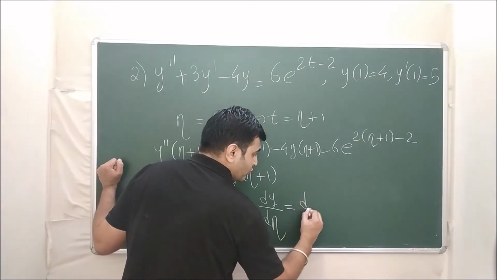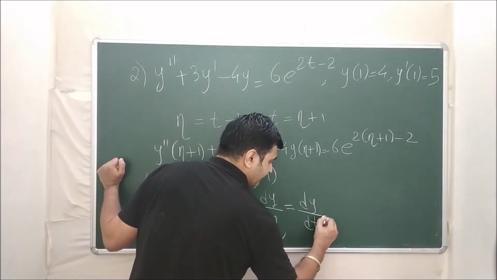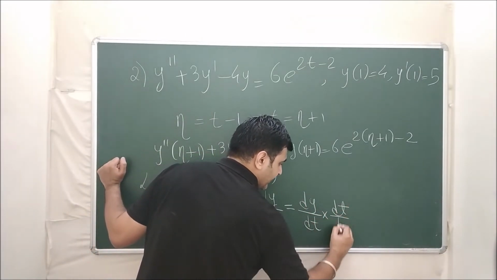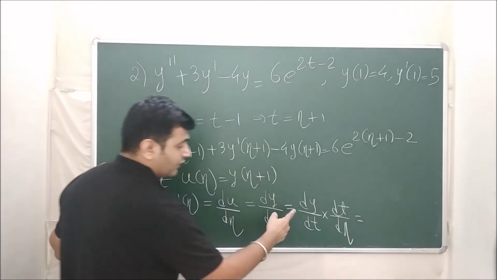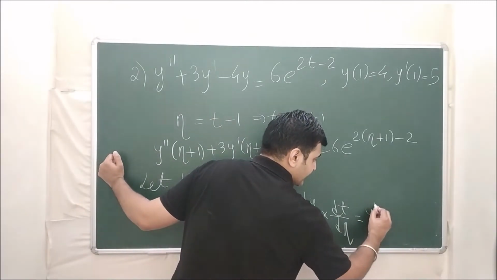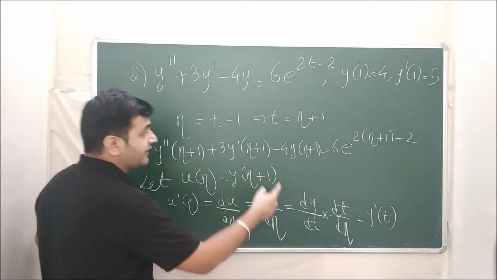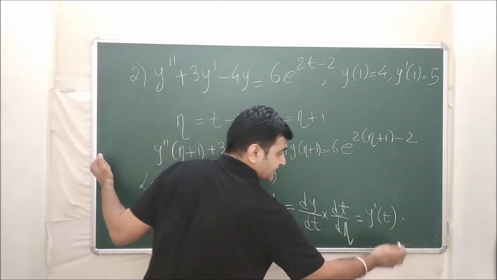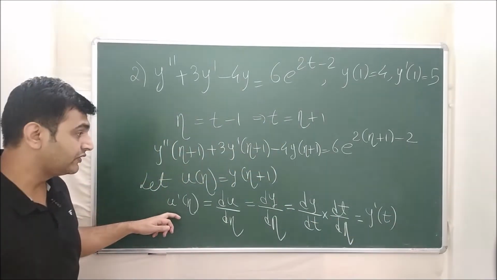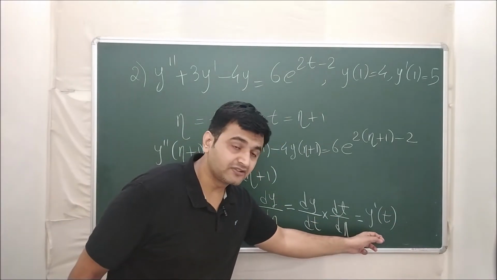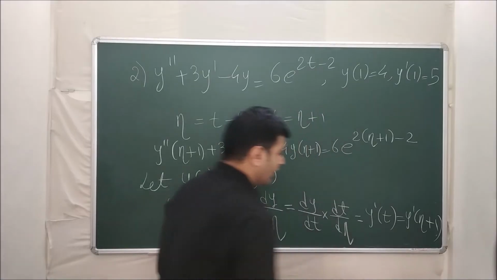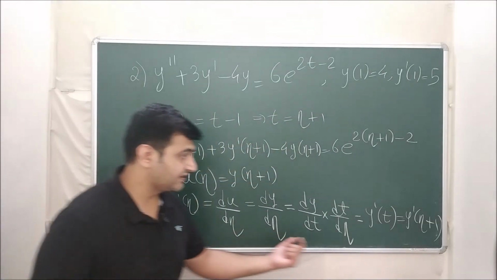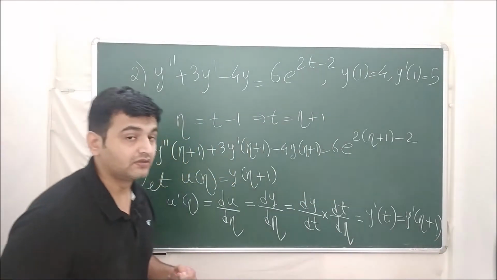If I apply the chain rule over here, this is dy by dt into dt by d eta. What is dy by dt? It is y dash of t. And what is dt by d eta? If I differentiate t with respect to eta, I will get 1. So I am not writing that one. My u dash of eta is nothing but y dash of eta plus 1.